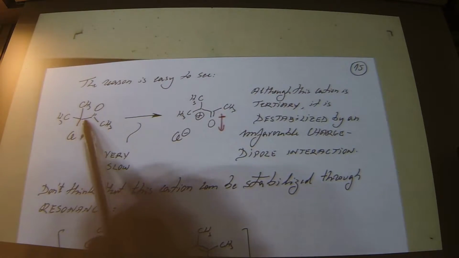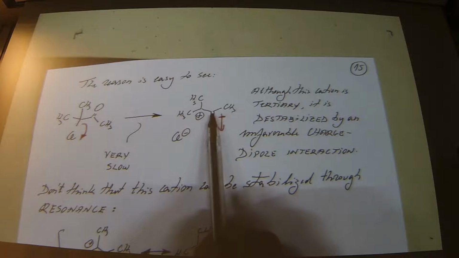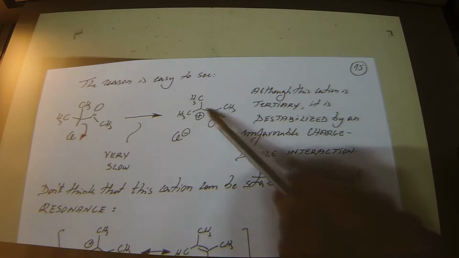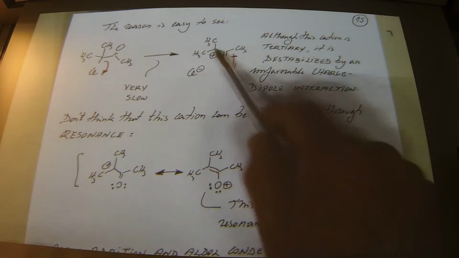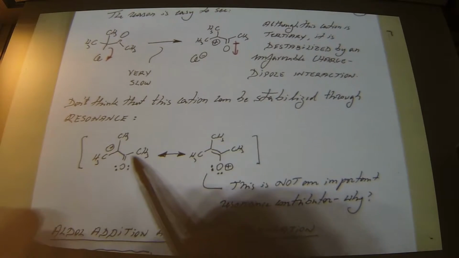That's why you're not going to see SN1 reactions with alpha halocarbonyls. If I were to ionize that, I'd end up with a cation right next to a positively charged carbon. The carbonyl carbon atom, remember, has a partial positive charge. Two positive charges together, no good. That's what I said moments ago. Now, you might be tempted to say, yeah, but this is resonance stabilized. Well, okay, let's draw the resonance structure.